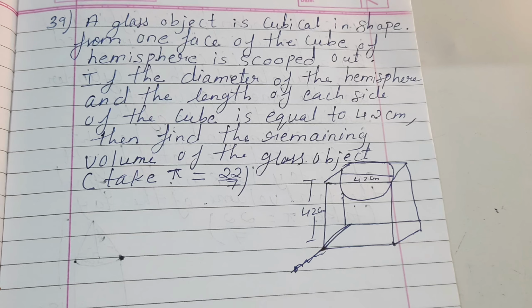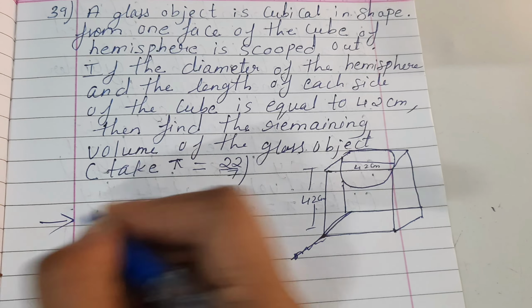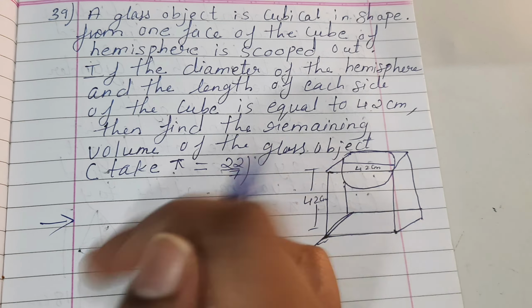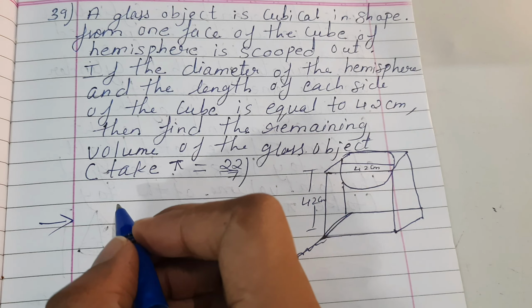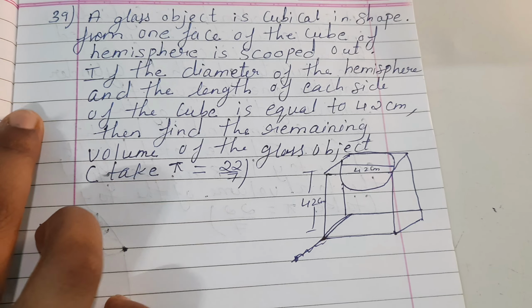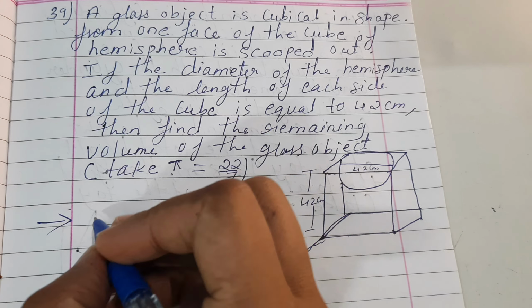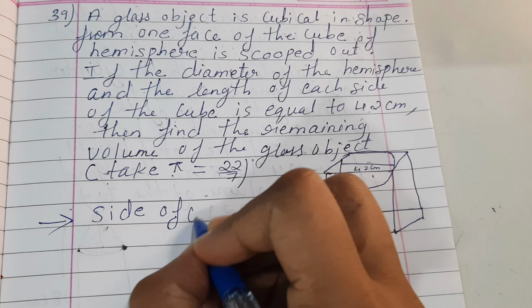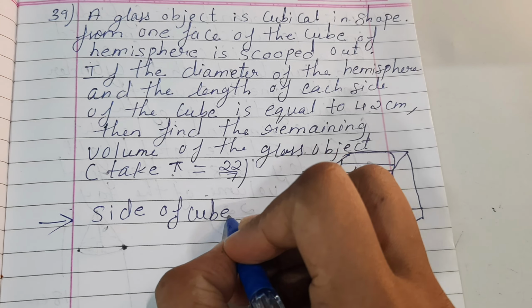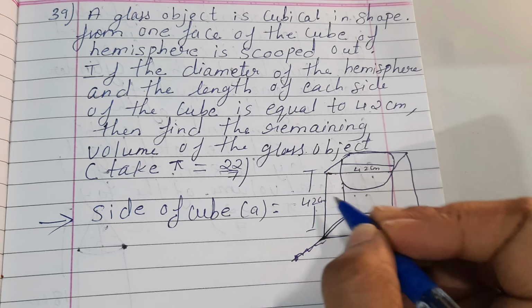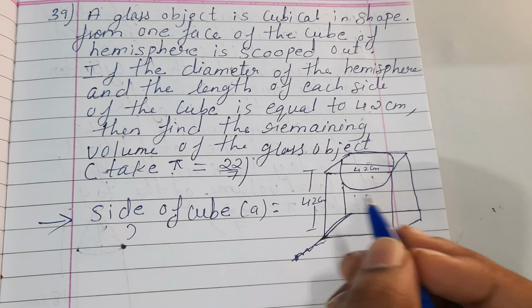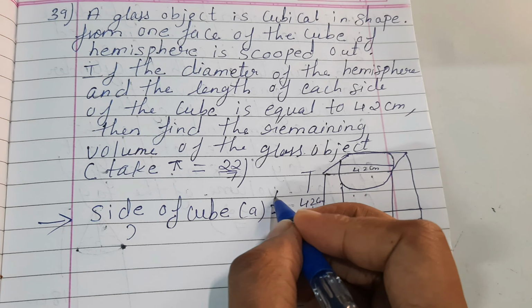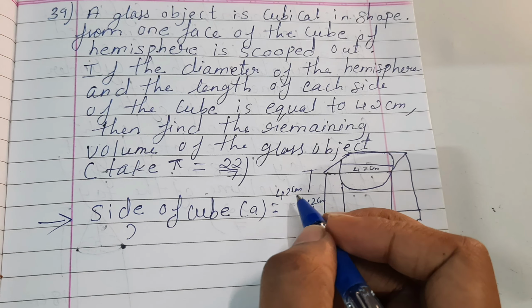Copy the question now. Copy the diagram from the paper which I have given you. So side of the cube is what? Side of cube A is equal to 42 centimeter, right?